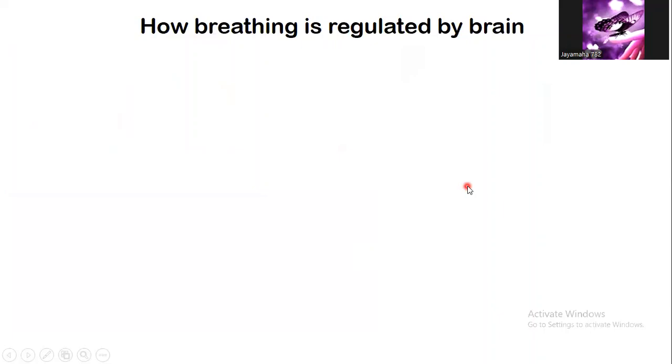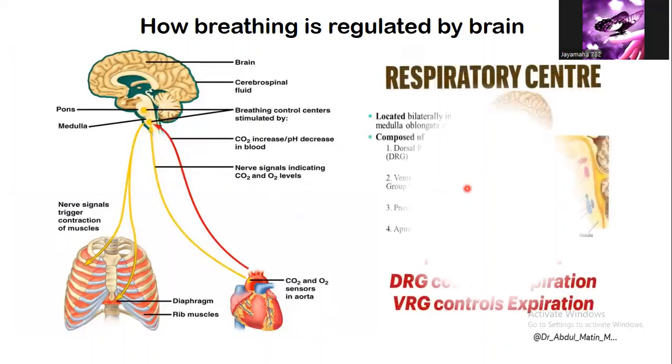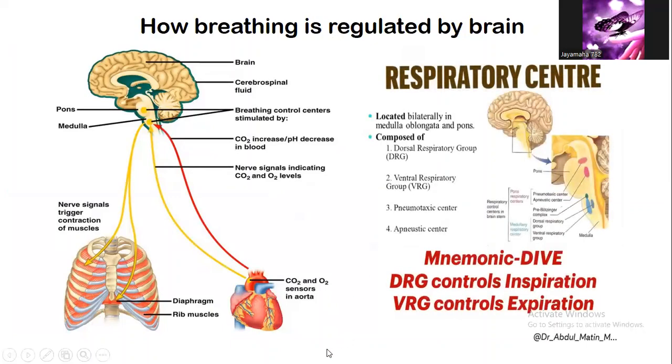Now let's discuss how breathing is regulated by our brain. This diagram illustrates the neural control of breathing, emphasizing how the brain, the nerves and the sensors of the body regulate respiration.